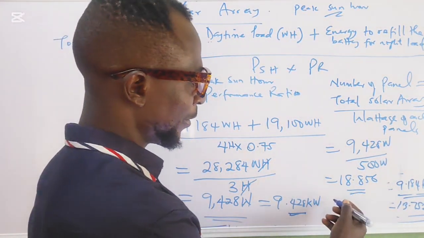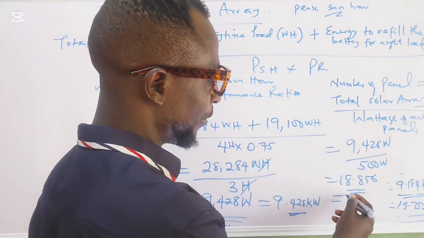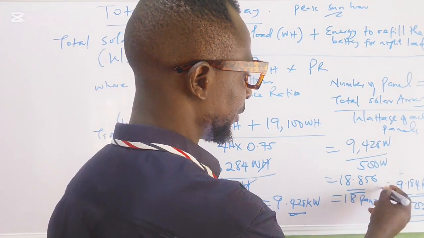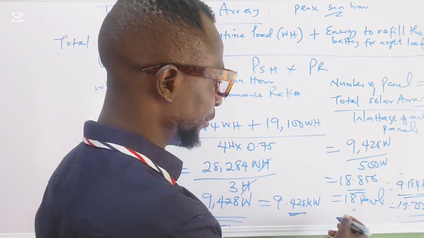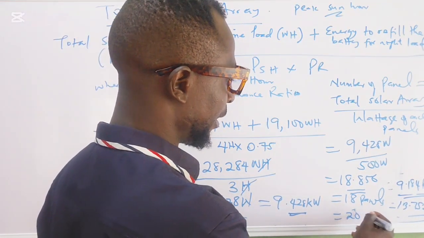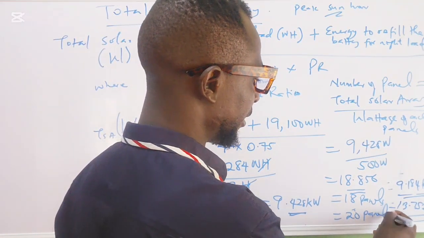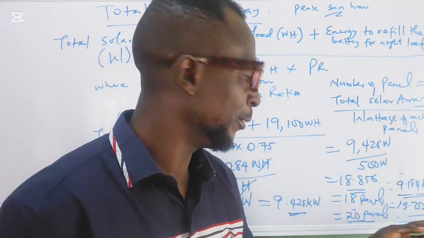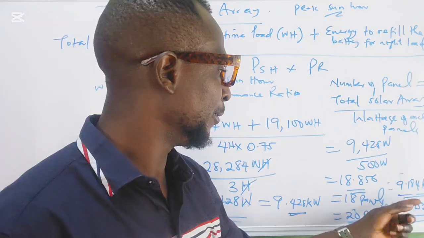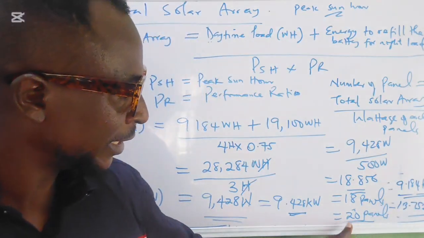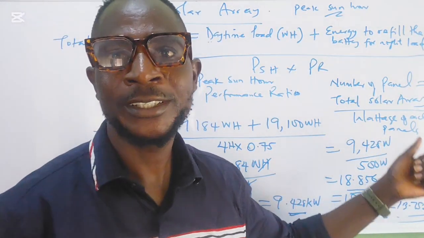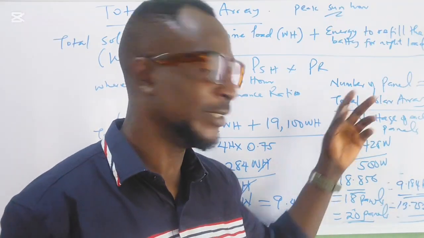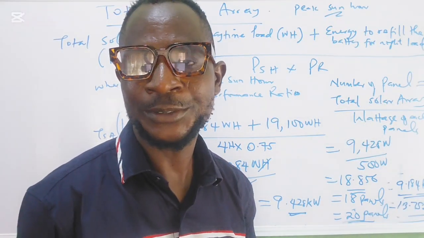Round it off, depending on what you want, to 18 panels, or you can increase it by 2, by having 20 panels. It means to run the daytime loads and the night loads, you need 20 units of 500 watt solar panel. So this is how to determine the size of solar panel.